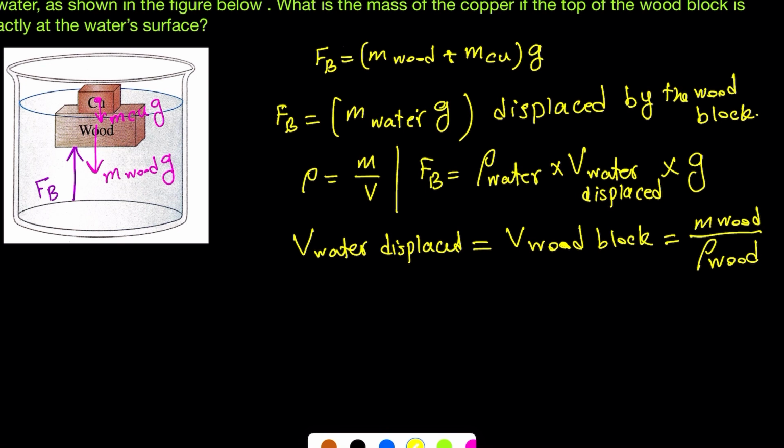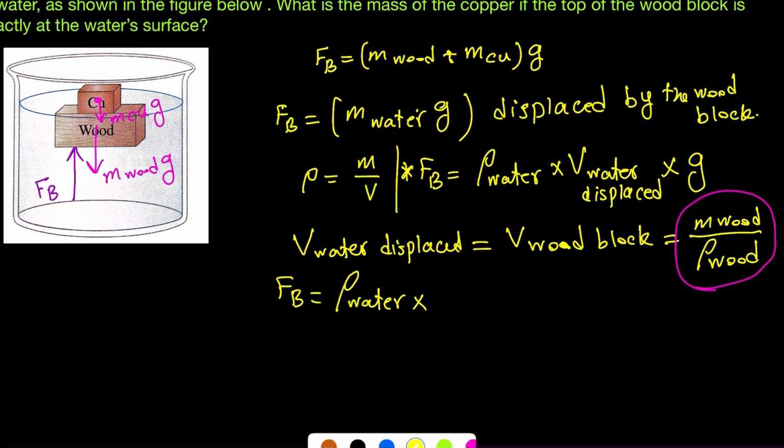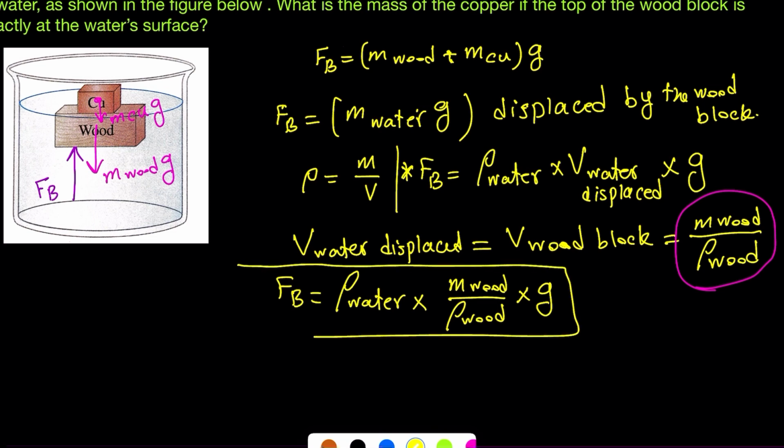Therefore, we just substitute this volume of water by this term. And then in this equation, the buoyant force is the density of water, which is 1000 kilogram per cubic meter, times the volume of water displaced, which is the mass of wood divided by the density of wood, times g. So this is the equation that we could make from this problem.